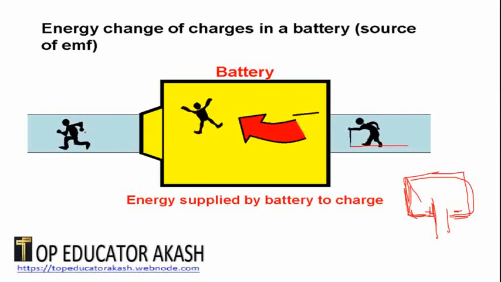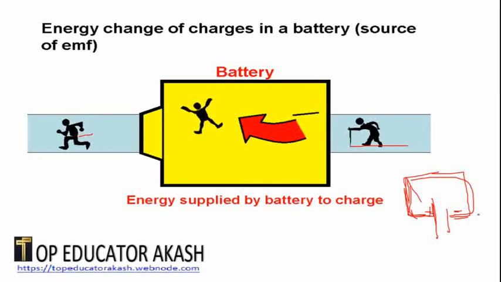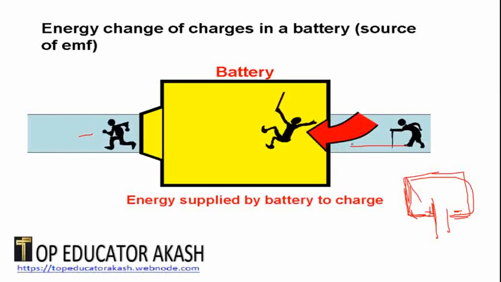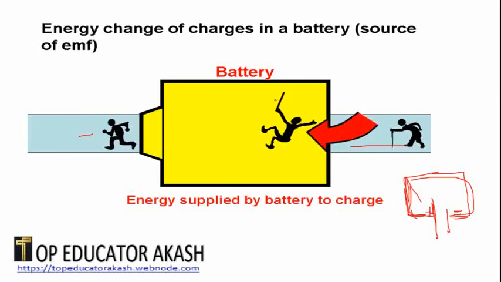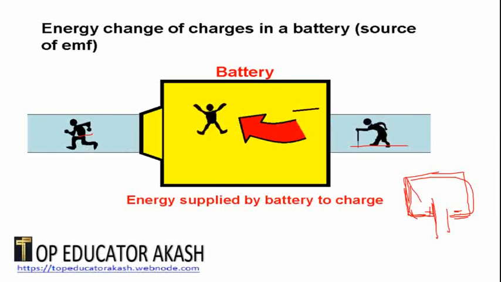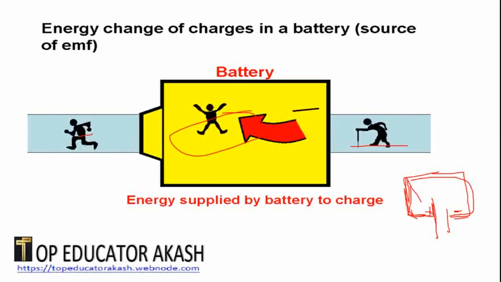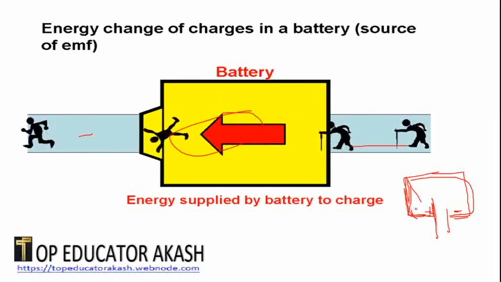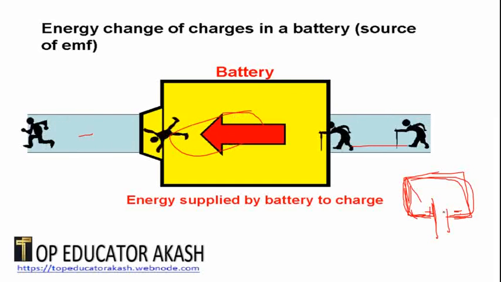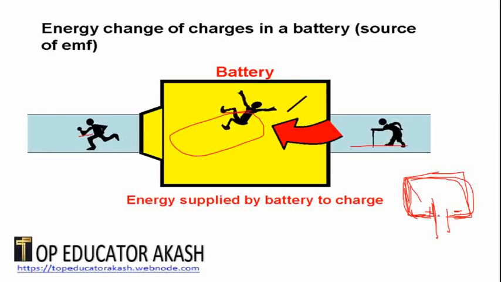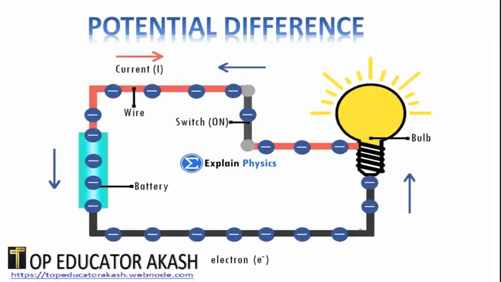You can observe here the man is completely charged and he is moving fast, but as soon as he reaches here, you can observe he has become too tired. So again the energy is provided to him. Who is providing the energy? Battery. Similarly, a similar thing happens in the circuit. When the electrons move and come here to the negative side, the battery provides energy, and again they move.